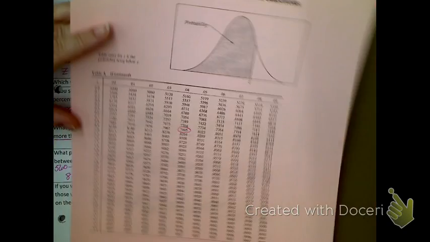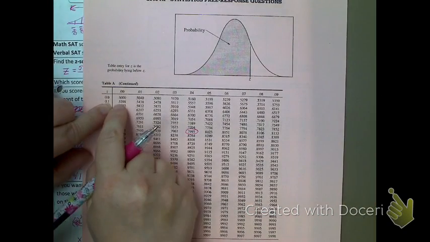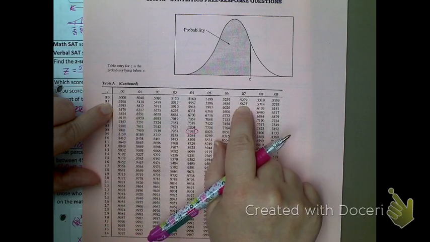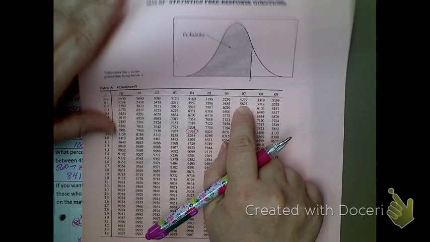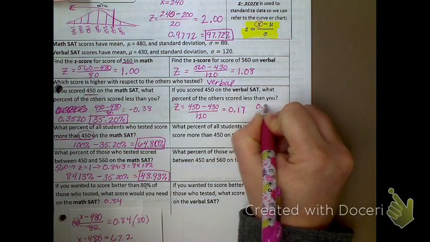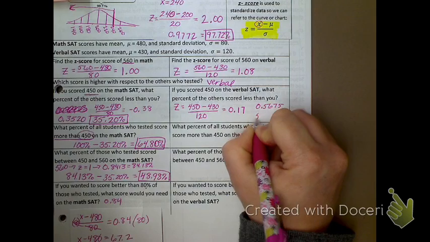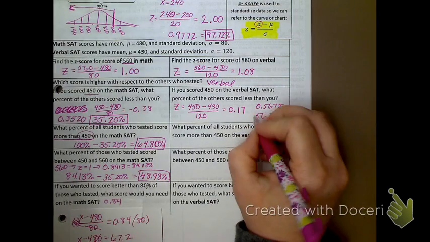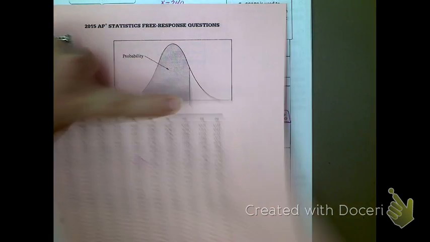That's on the positive side. 0.1, going over to the 7 column, 0.5675. So that's 56.75%. And again, that's how many people scored less than the value I just looked up.